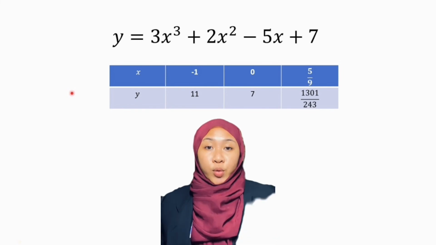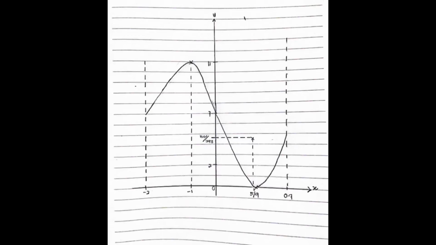Firstly, you have to draw the y-axis and x-axis. On the x-axis, you should write negative 2, negative 1, 0, 5 over 9 and 0.7. And on the y-axis, you have to write 0, 1301 over 243, 7 and then 11.